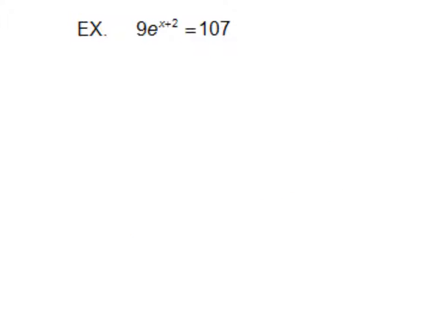Here we have an e again. We want to get the e all by itself before we natural log both sides. So let's divide both sides by 9. e to the x plus 2 equals 107 over 9. Now 107 over 9 doesn't come out to anything nice, so let's just leave it. We want to minimize rounding.